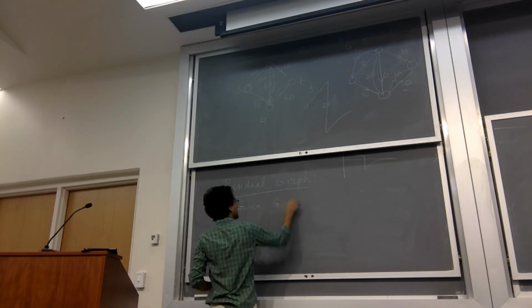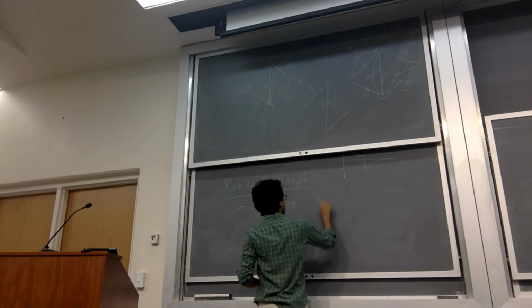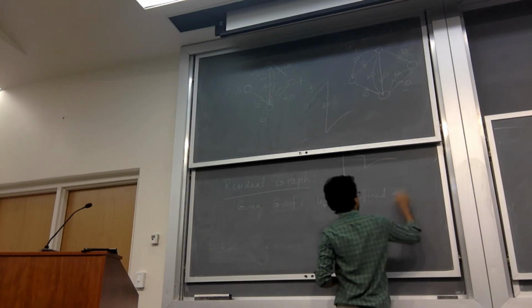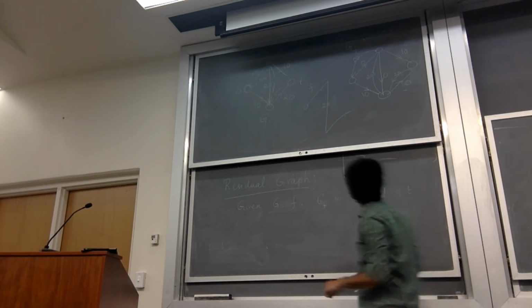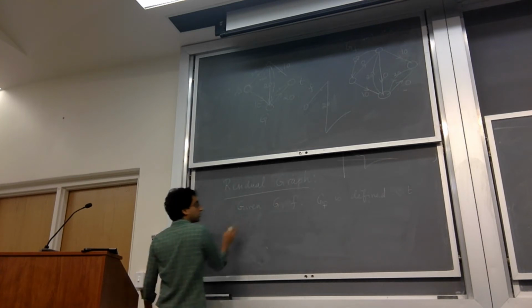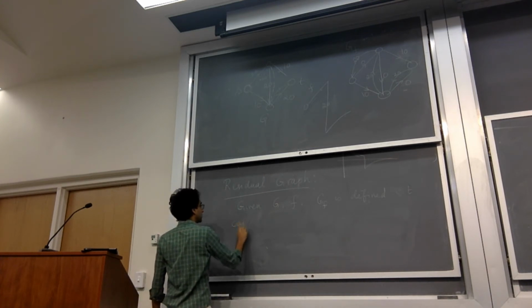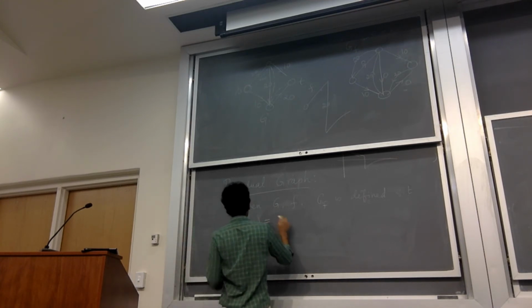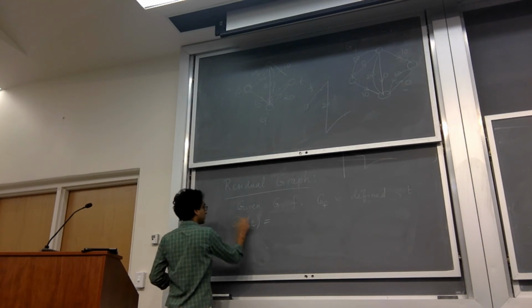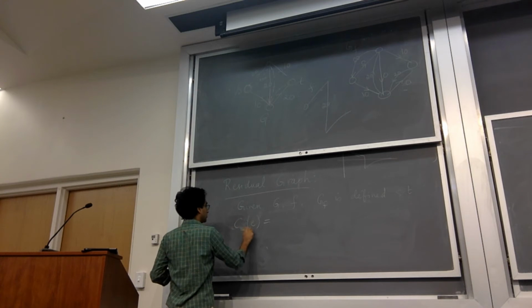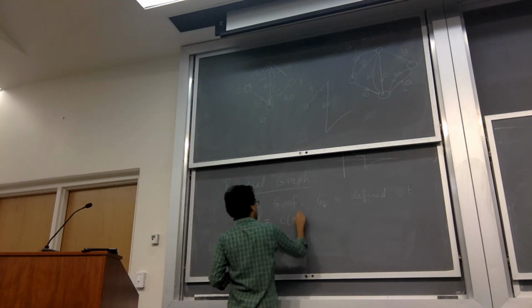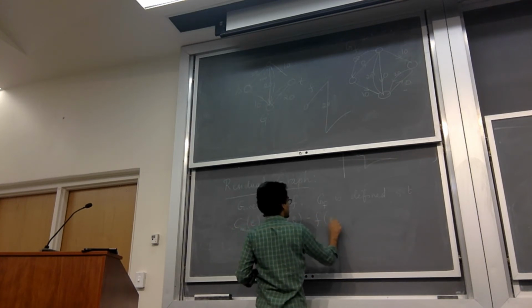Given a graph G and a flow F, G sub F is defined such that the capacity of edge E is simply the original C minus the flow on that edge.